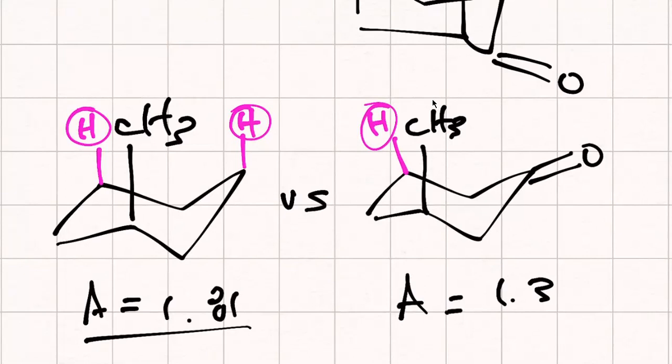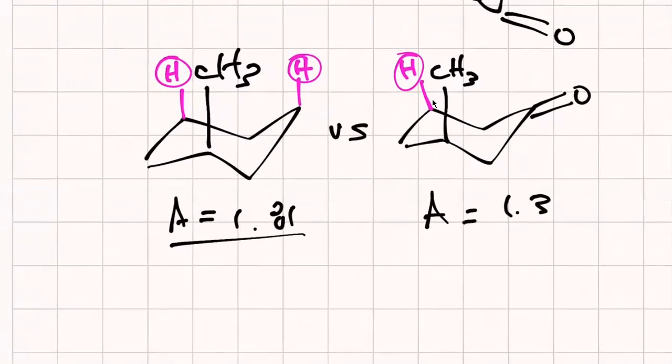It's 120 degrees, it's sp2, so it's positioned away from that methyl group. So you actually lose one of those 1,3 diaxial interactions in the case of a cyclohexanone like that, and the energy drops because you lose one of those 1,3 diaxial interactions.